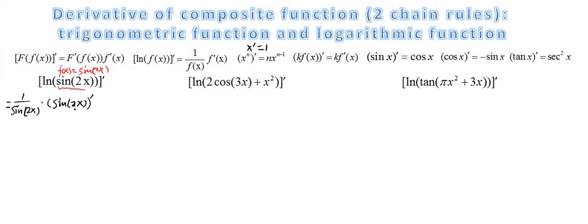Now we're gonna address the derivative of sine 2x. We can apply the chain rule for this. What is the capital F? Capital F is sine. What is the little f(x)? That is 2x.